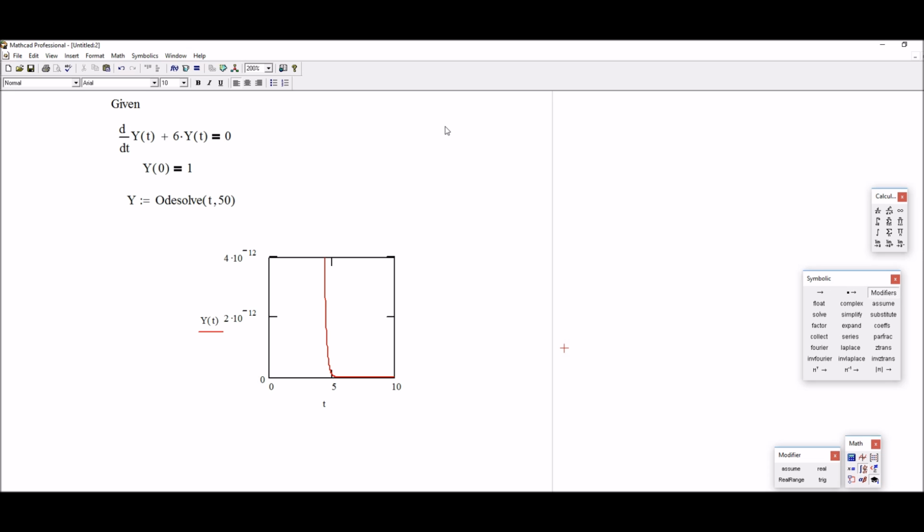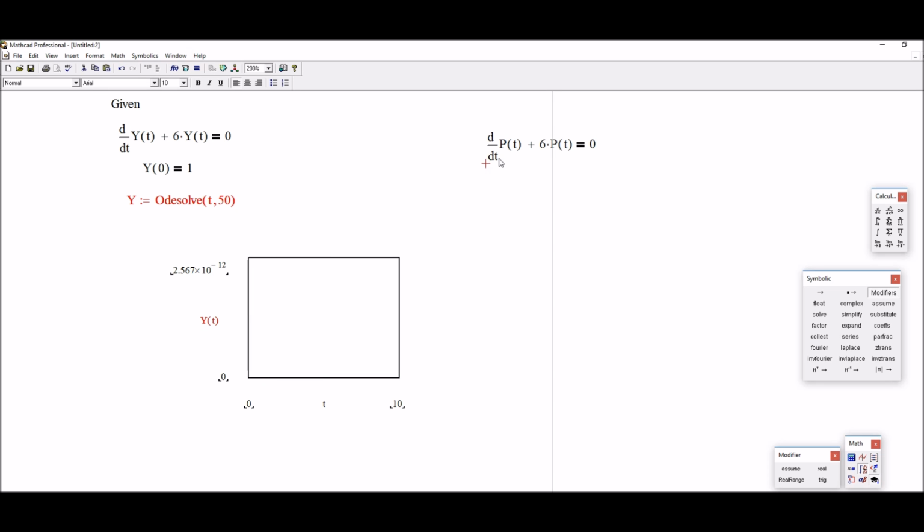Now if I want to find the analytical solution, I will use the same differential equation, but I will use a different dependent variable. So let's say that's p. So this is dp dt here, and then plus 6 times p(t) equals 0.